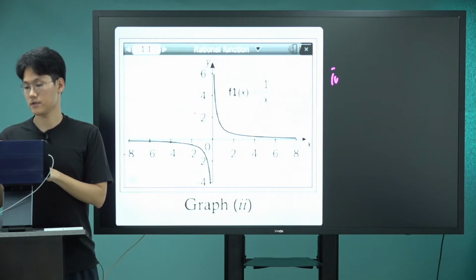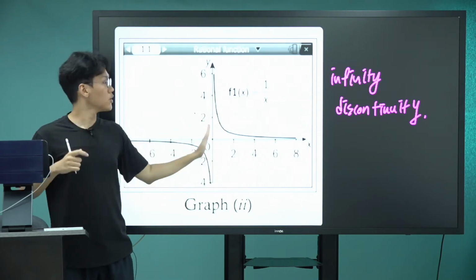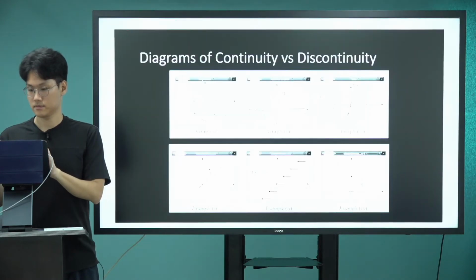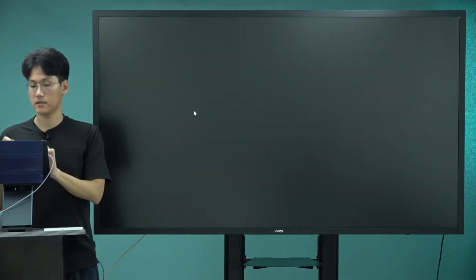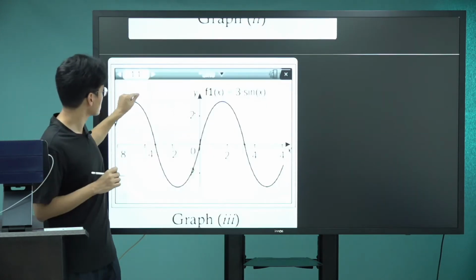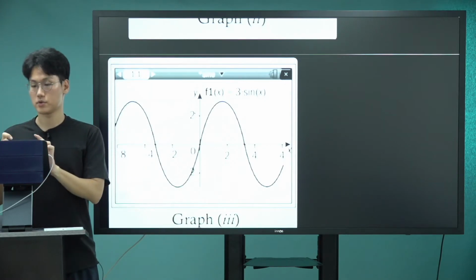Anything associated with a discontinuity at a vertical asymptote, we call infinite discontinuity. And then you can already see that these sine functions, since I'm able to sketch this without taking my pen away, will be continuous.